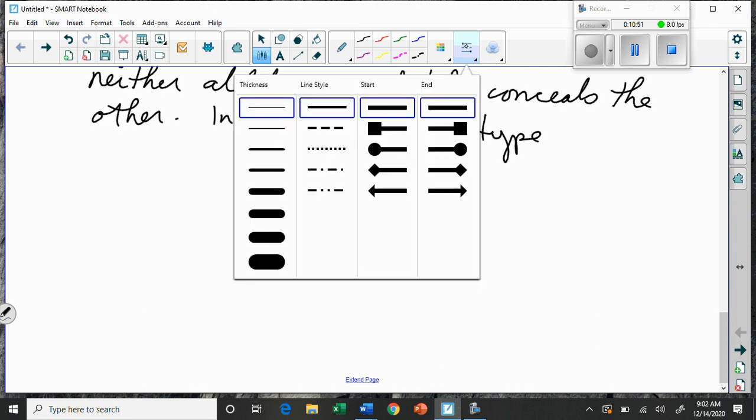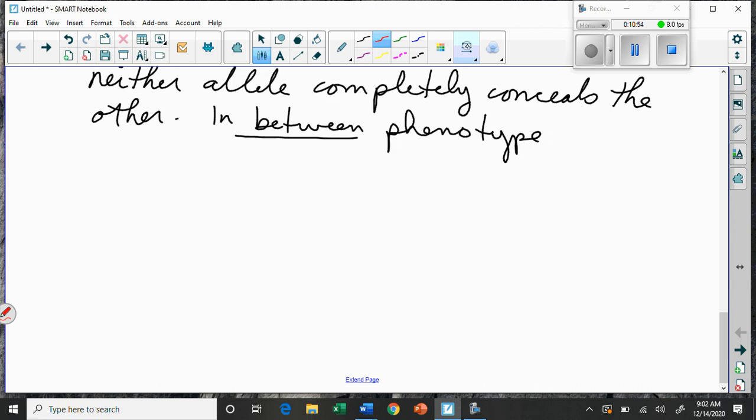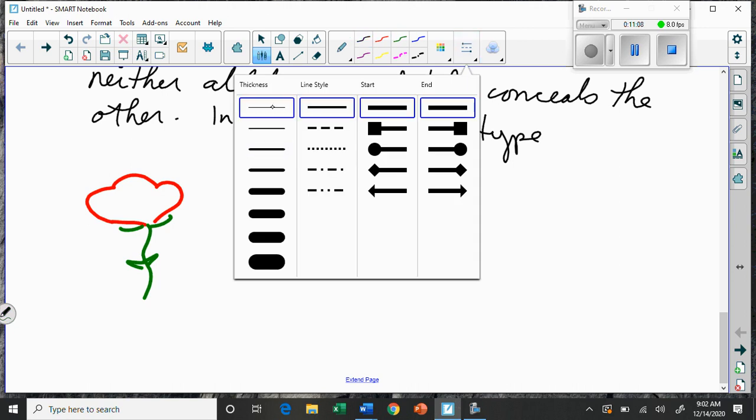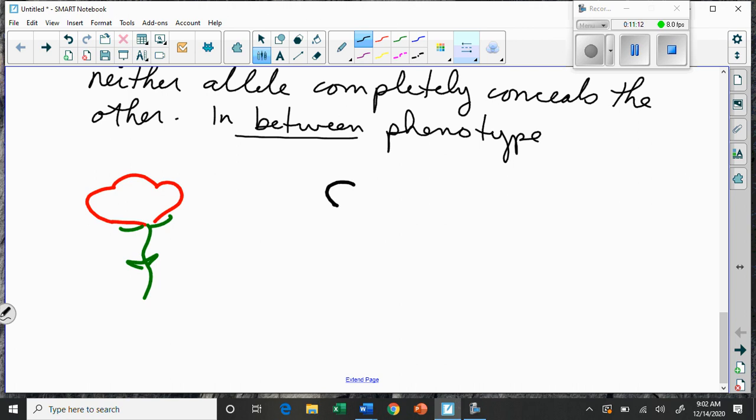Let's say we have these two flowers, and we take a red flower. There are some nice red petals. There, a red flower. And then we will pick a white flower, which I'll have to just draw an outline of because I can't take a same species of flower which is white.